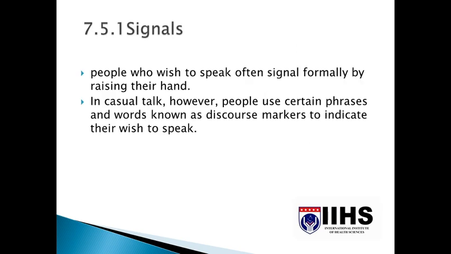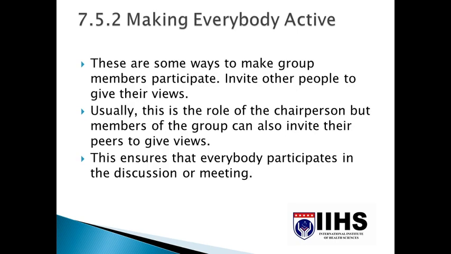Signals. People who wish to speak often signal formally by raising their hand, but in casual talk, people use certain phrases and words which are known as discourse markers to indicate their wish to speak. What is important is to make everybody active in the discussions or the speech.